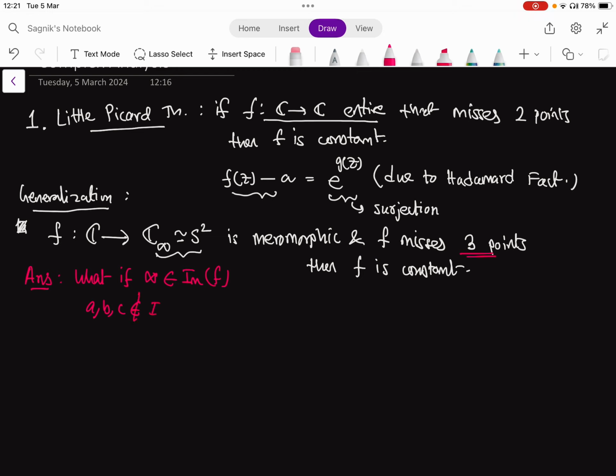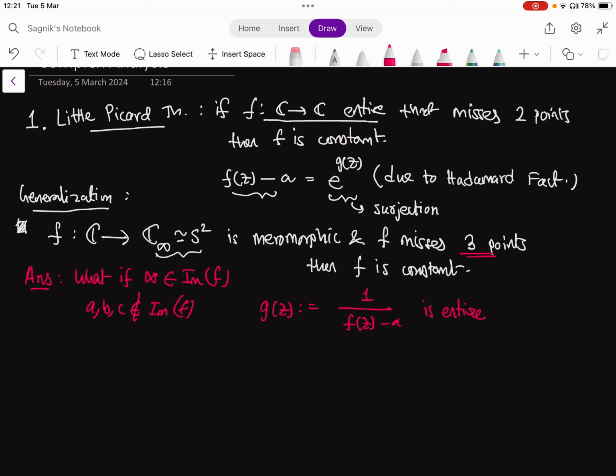then you can take this function. So this is entire because f never hits a. And the infinity corresponds to g of z being zero. It's obvious. It's 1 by infinity.